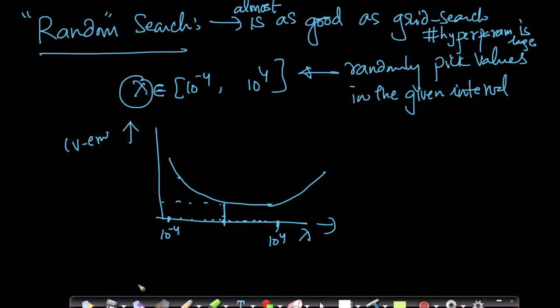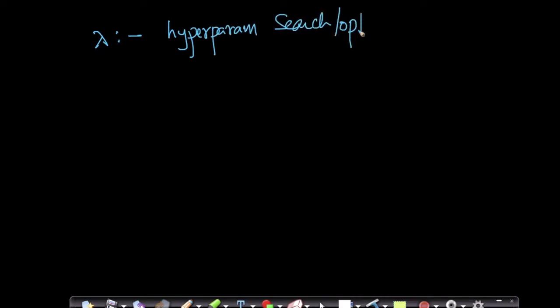This whole area of trying to find hyperparameters is called hyperparameter search or optimization.